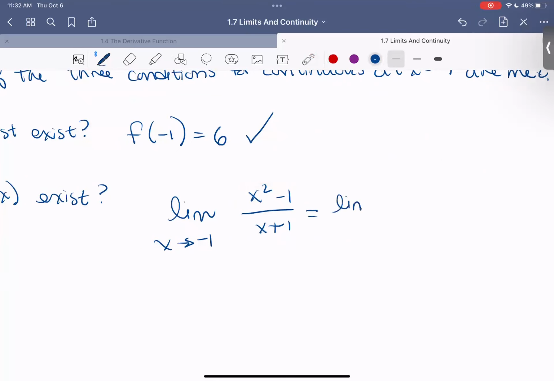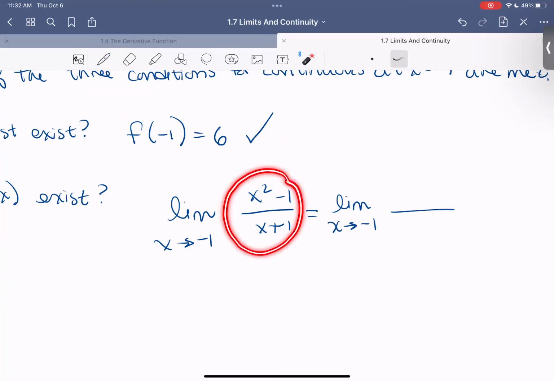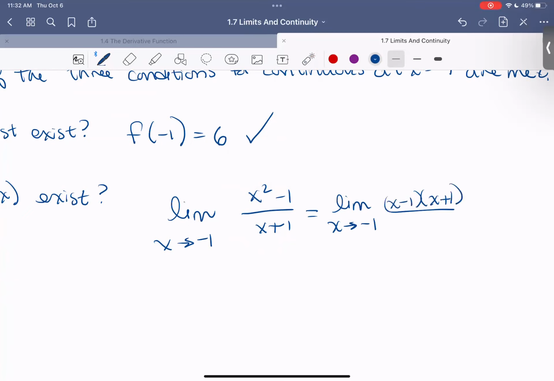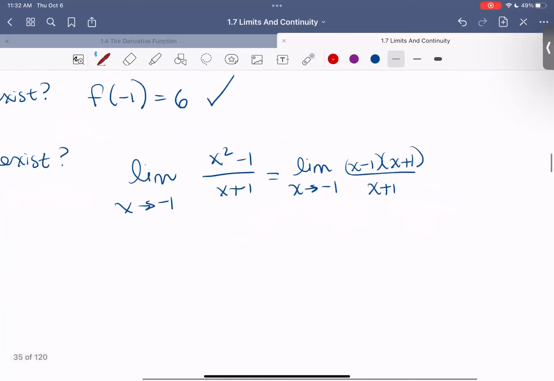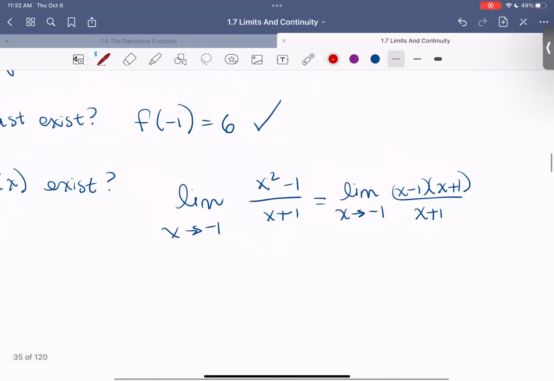The limit as x goes to -1 of this first fraction is equal to x minus 1 times x plus 1, if we factor the numerator, divided by x plus 1. Does anything cancel? It certainly does. The x plus 1 in the numerator cancels with the x plus 1 in the denominator.